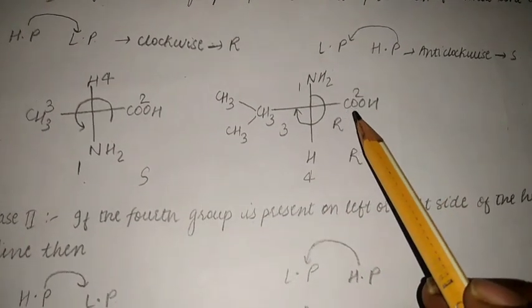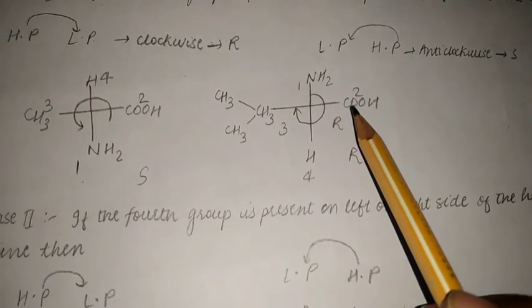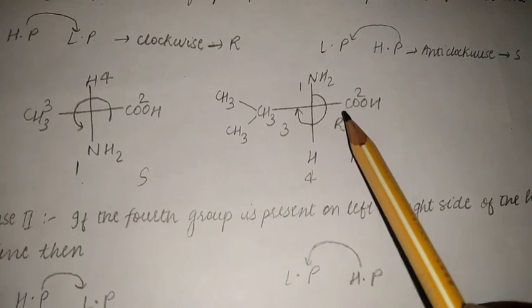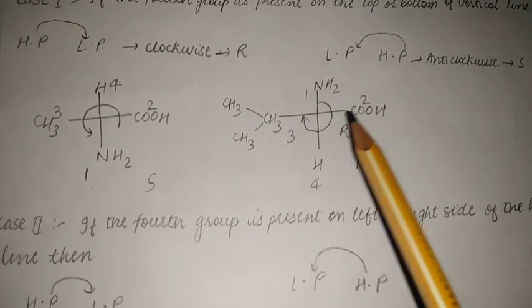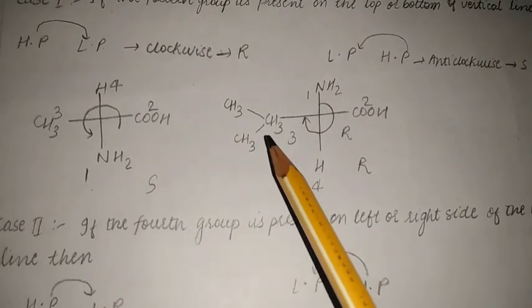So we have to consider the second attached atom also. We can see the oxygen is attached to carbon, but here we can see it is attached to 3 hydrogen atoms instead of oxygen, so it dominates over this group.